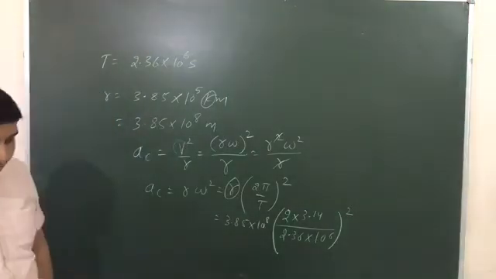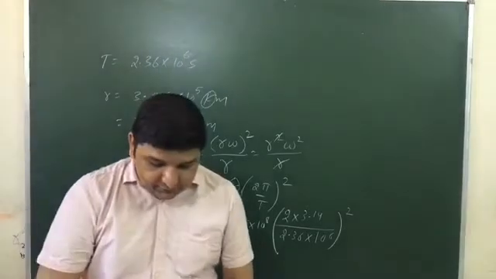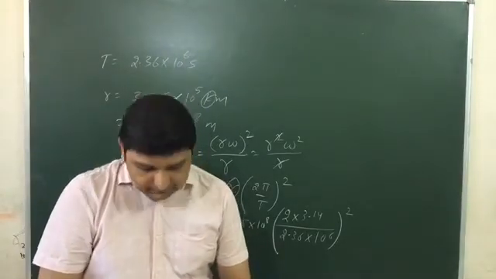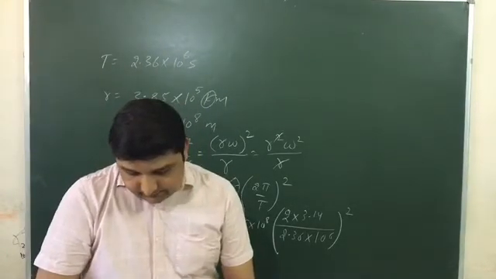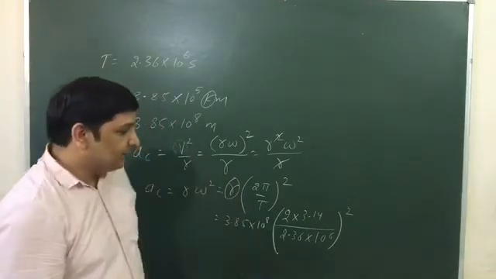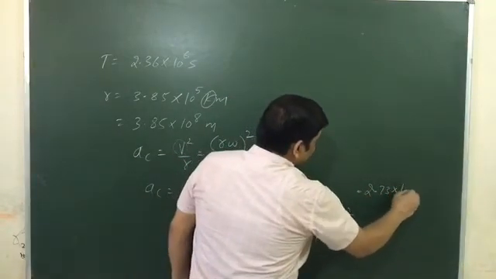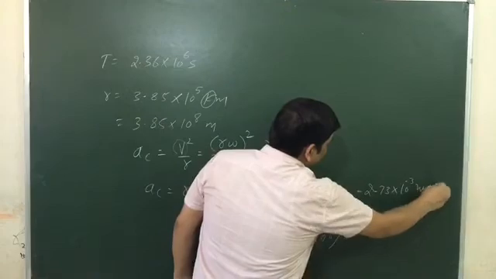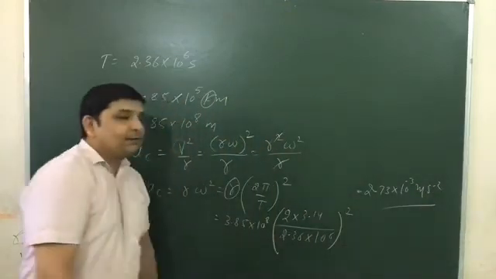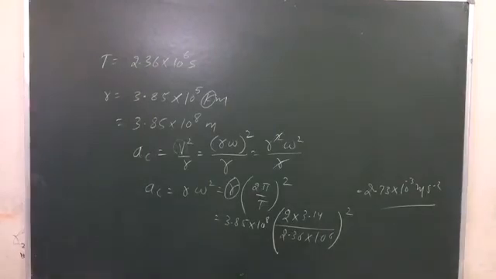Therefore, from this we can find the value of centripetal acceleration of moon towards the earth, and the answer is 2.73 into 10 raised to power minus 3 meter per second square. We can find the acceleration of moon towards the center of circular path, or towards the earth.